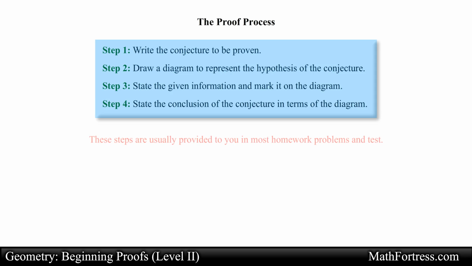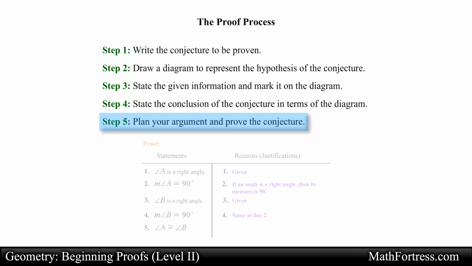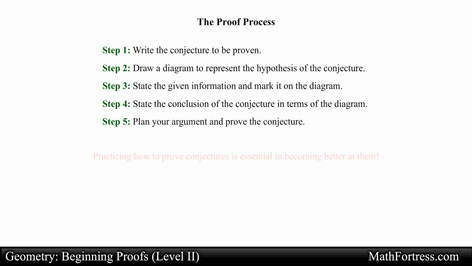Steps 1 through 4 are usually provided to you in most homework problems and tests. In this course, we will mainly focus on the final step. Step 5. Plan your argument and prove the conjecture. This is by far the hardest step for many students in an introductory geometry course. As with all math problems, practicing how to prove conjectures is essential in becoming better at them.